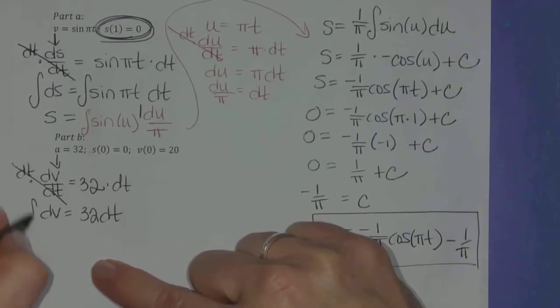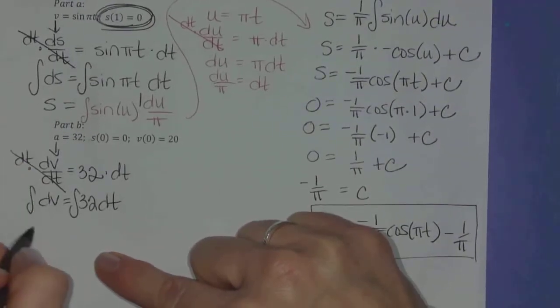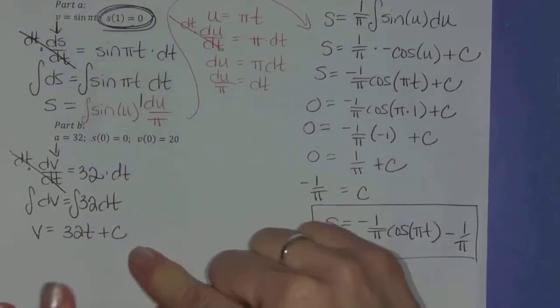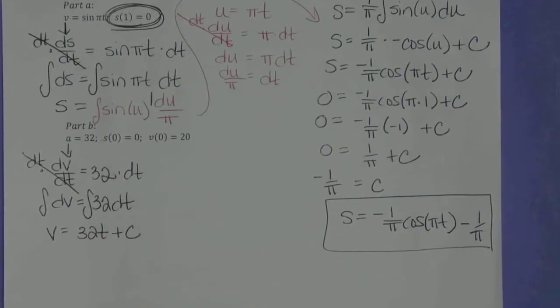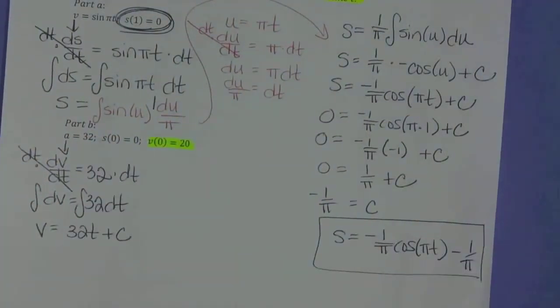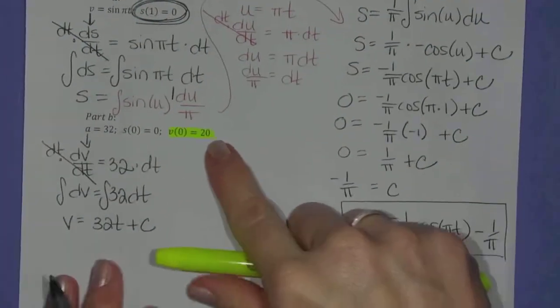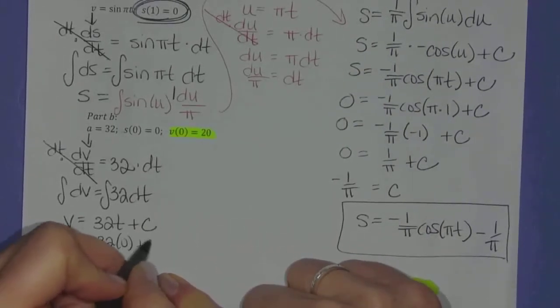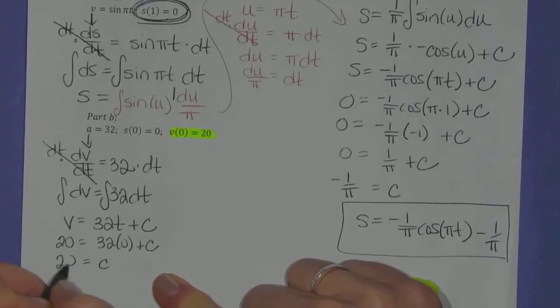I am going to anti-differentiate both sides to give me v equals 32t plus c. Now I'm going to use one of my conditions up here. They're telling me that v of 0 equals 20, so I'll put 20 in for v, 0 in for t, and I see that my c is 20.